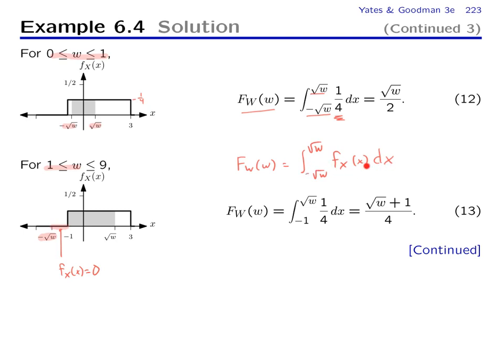This PDF only starts being non-zero at -1. So the lower limit is -1, and then we integrate up to root W, and we end up with this area that was shown in gray, but I've reduplicated in pink. The integral itself is trivial to do. We get root W plus 1 over 4. But it's only trivial after you realize that this lower limit is -1.